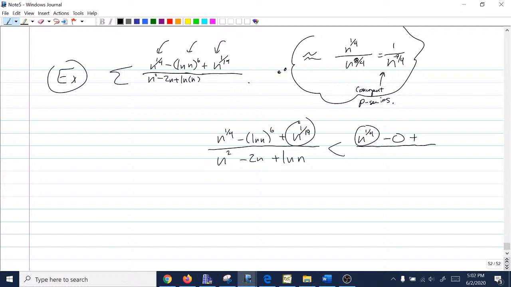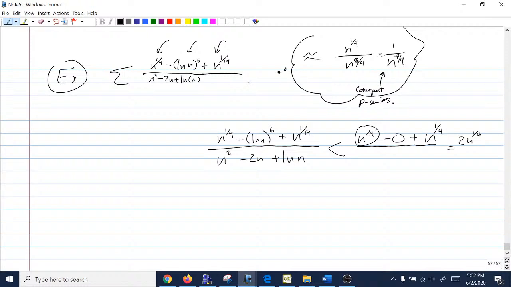This thing I can't throw away, and instead I want to make it bigger in a way that makes the entire fraction easy to understand, and the cool trick you can do is to say that thing is smaller than 1 over n to the 1/4. If instead of n to the 1/19th there, I had n to the 1/4, I have made the fraction bigger, and this thing is going to combine into 2n to the 1/4.